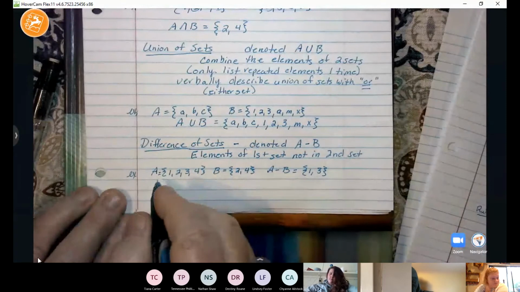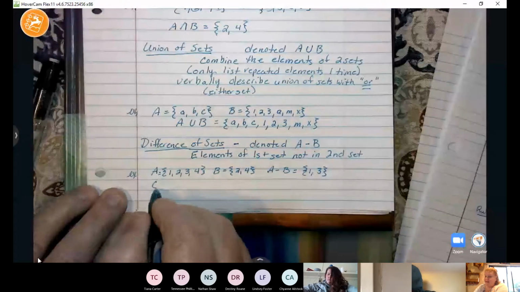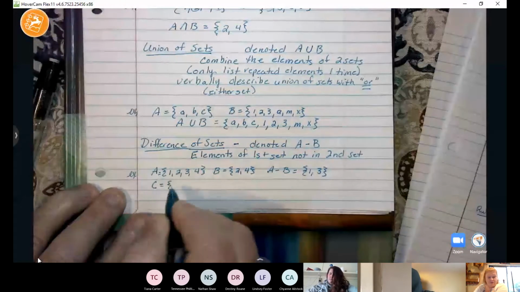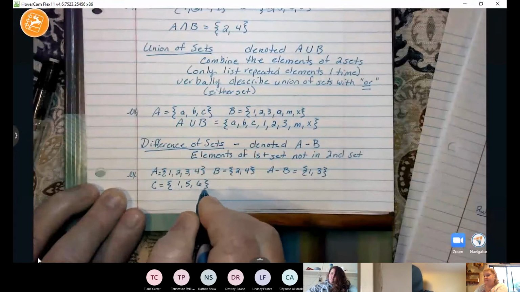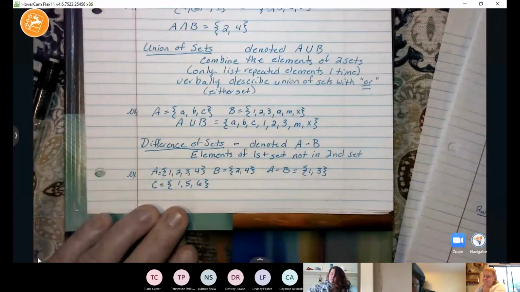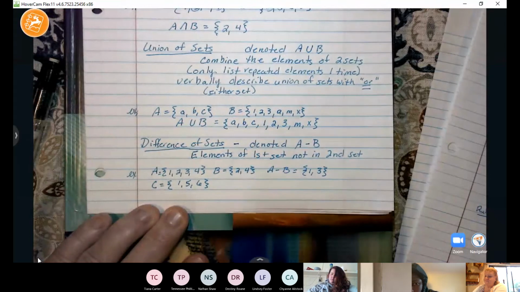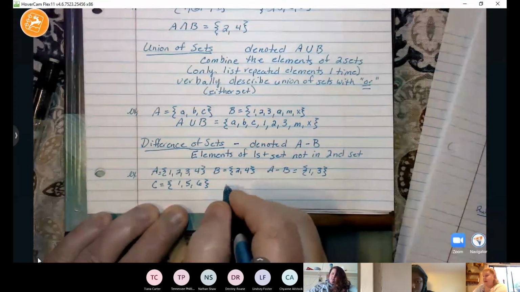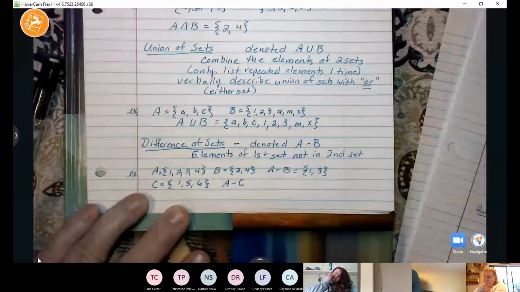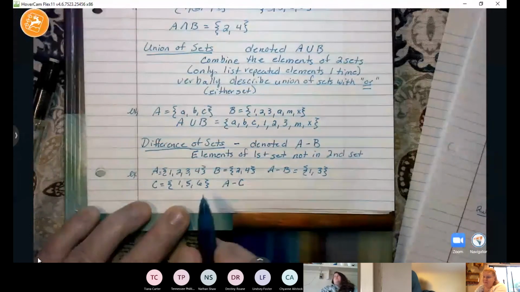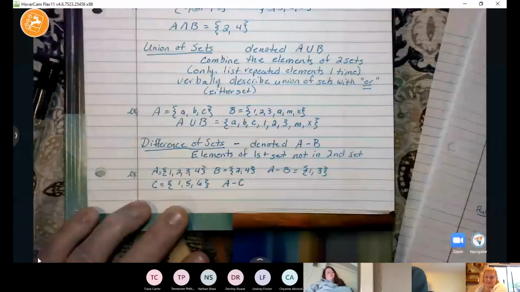If we had set C, which was 1, 5, and 6, and we wanted to do A minus C. Does it matter that C has some elements that aren't in A? No, it doesn't.